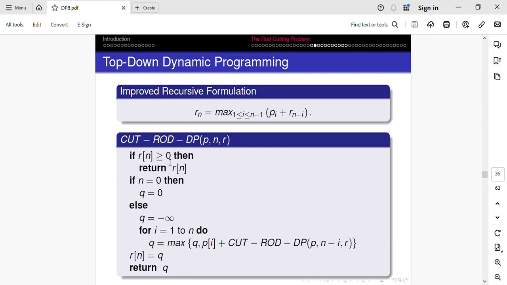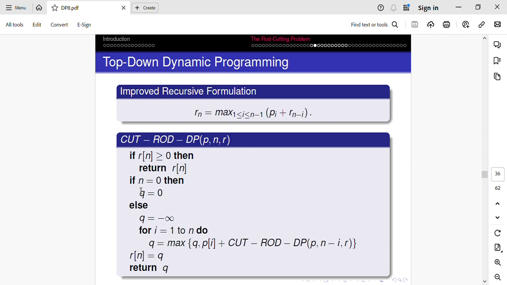At first, whenever we encounter a problem, we see whether that value is stored in the table. If R[n] is greater or equal to 0, because R was initialized to minus infinity, that means it is already solved. In that case we return the saved value.